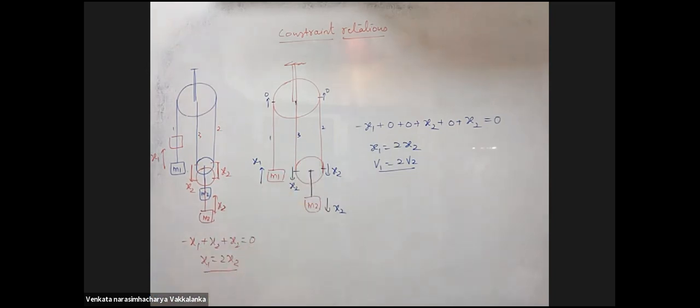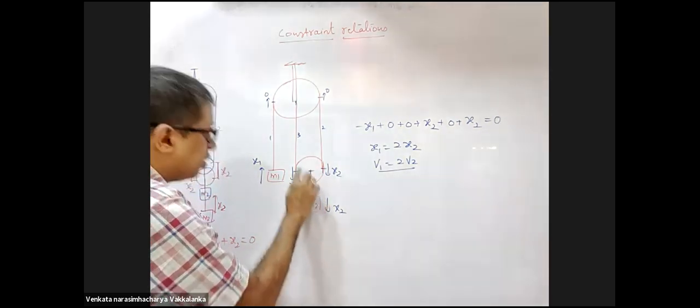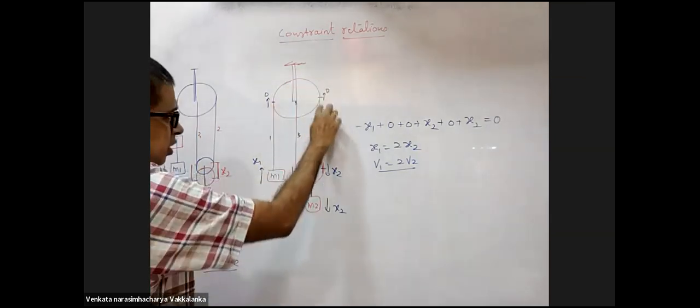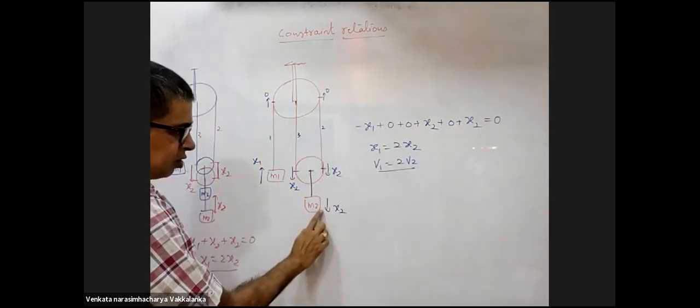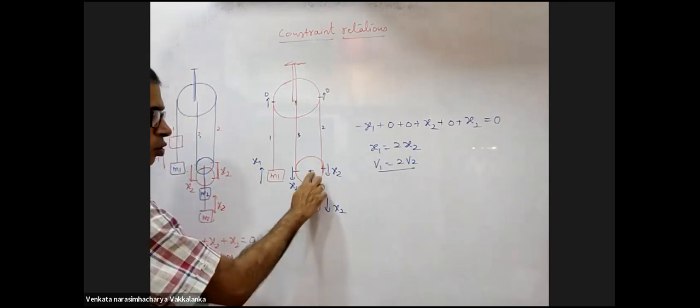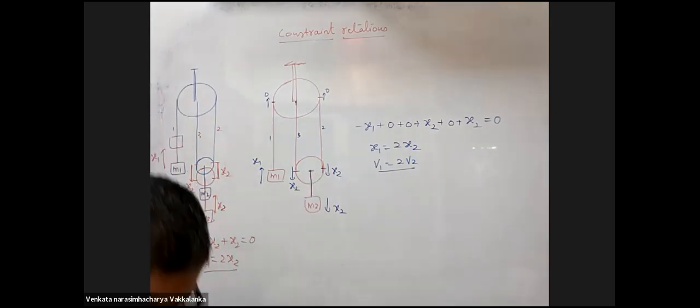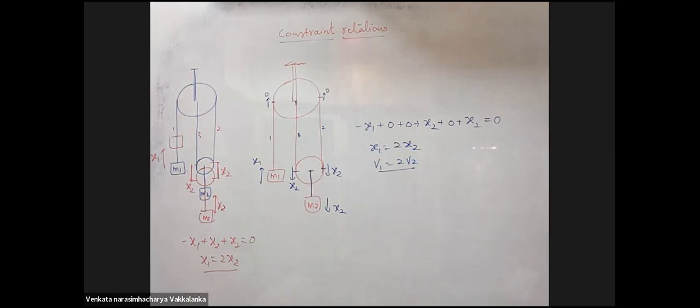What are you asking? Are you sleepy? This string is one string. I am dealing with the constraint for this string. Because this is a single string, this x2 and this x2 will be the same. Two ends of one string. Okay, sir.